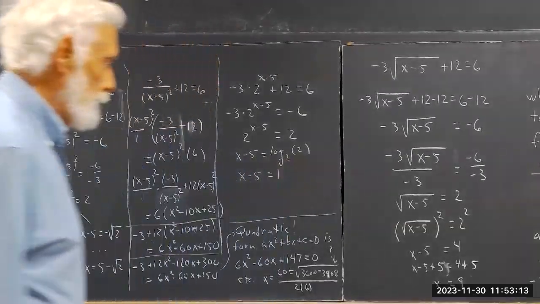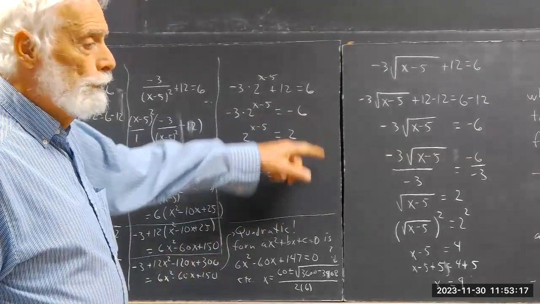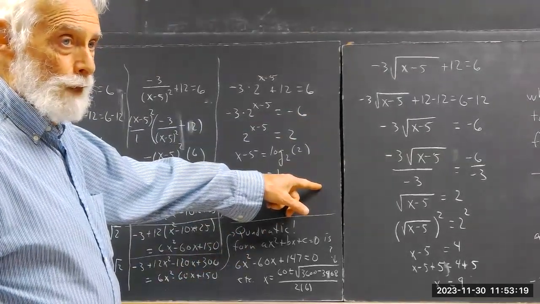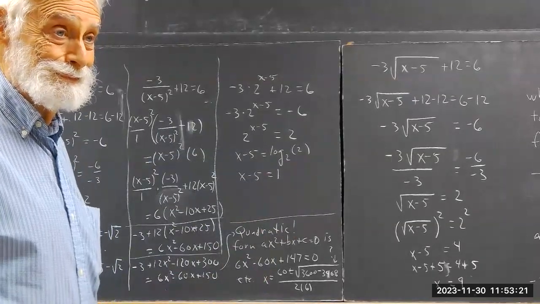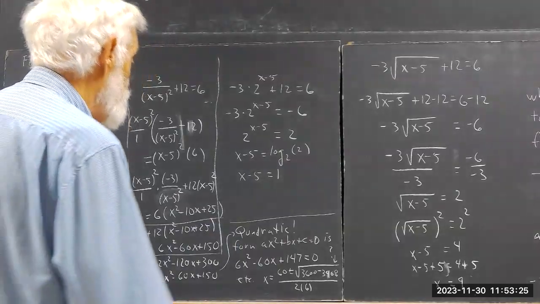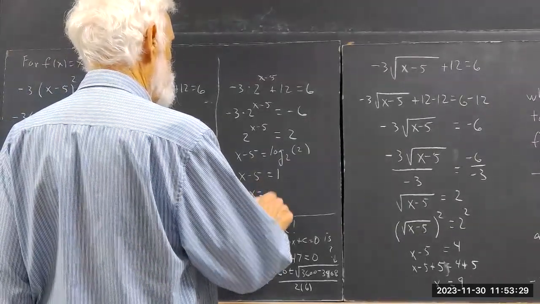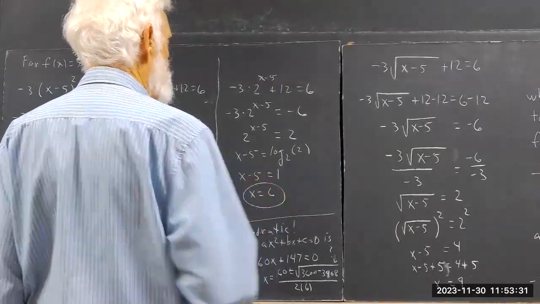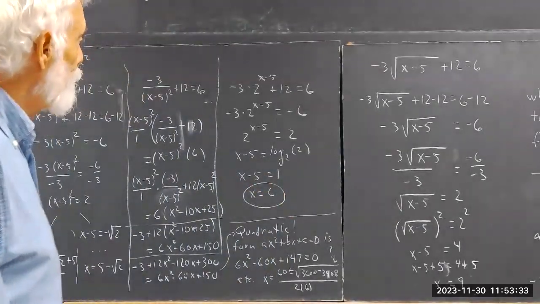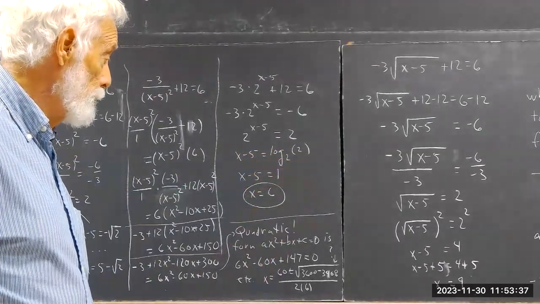You shouldn't have to go to your calculator to do that. But if you did, you would do log of 2 over log of 2. Okay? So you get x equals 6. So that came out very easily. And that was just an accident that we came out with 2 here. We know what the log base 2 of 2 is.